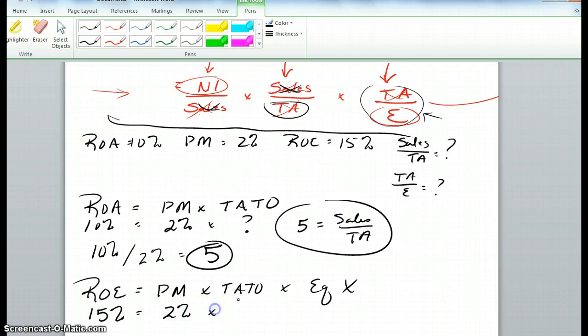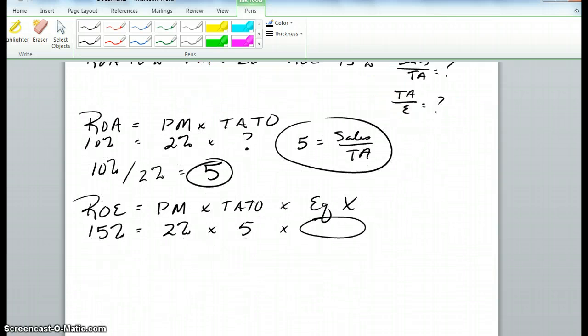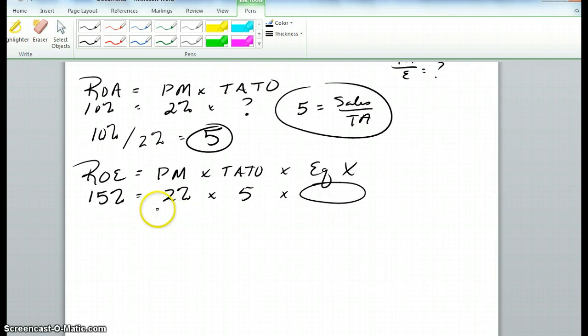Since we've solved for total asset turnover, we can now solve for the equity multiplier. 15% equals 0.02 times 5, which is, I better clear my calculator, actually 10%.